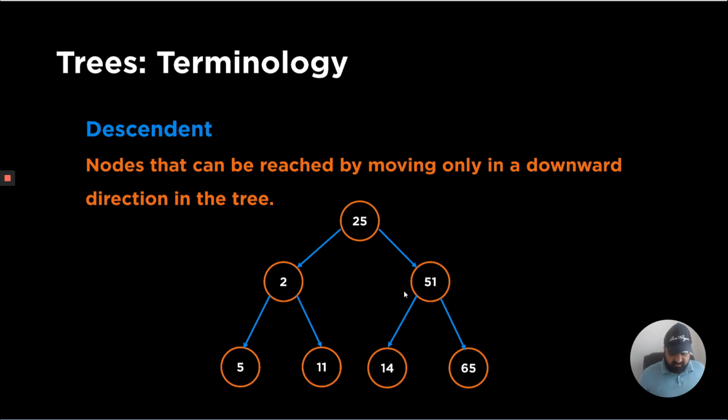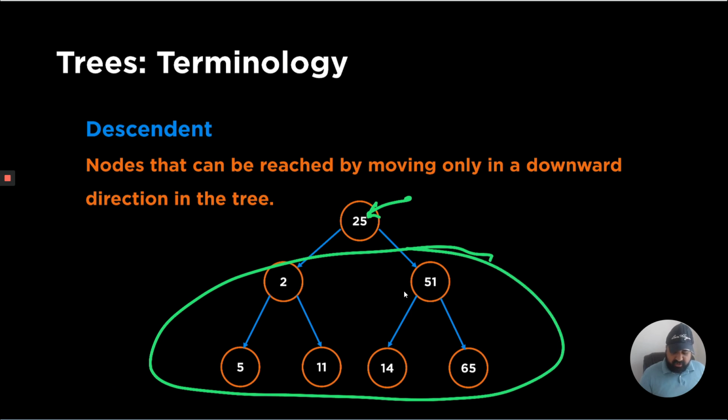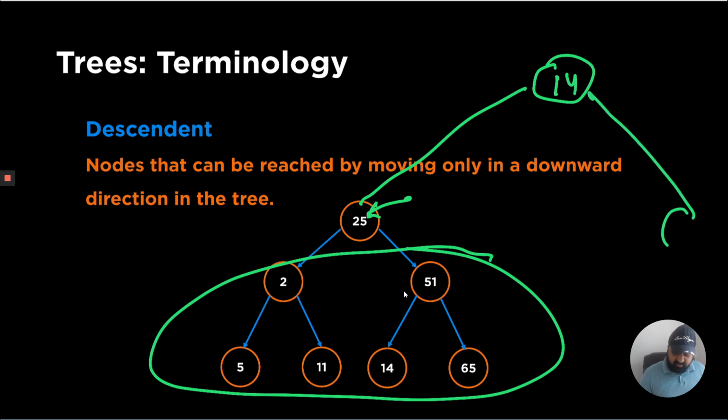Coming to descendants, nodes that can be reached by moving only in a downward direction are descendants. If we talk about 25, its descendants would be all of these nodes, because if you go downward, you can reach any particular node. But let's say 25 was connected to another node like 14, and this had something on the right-hand side, let's call this 55.